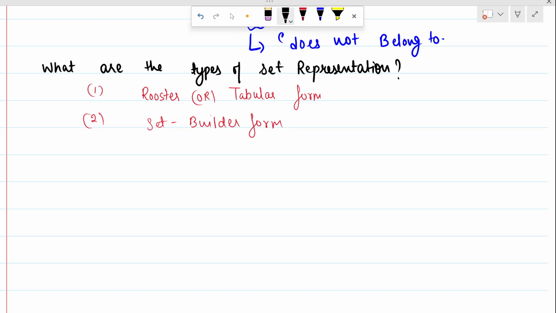So first we will look at roster form. What is roster form? All the examples we discussed above are in tabular form or roster form.